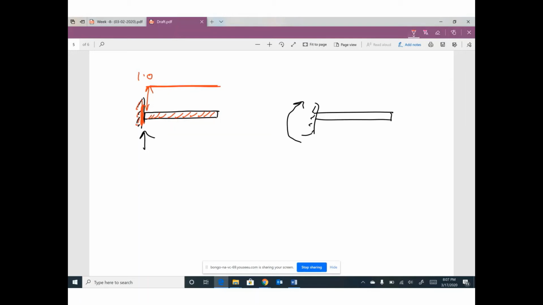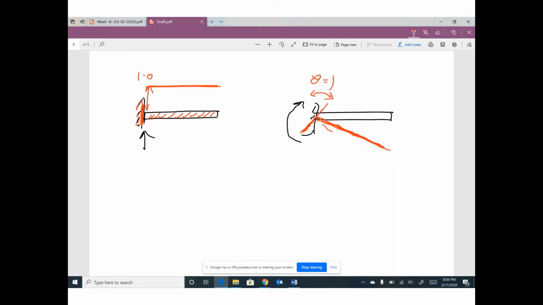If you rotated this fixed the same direction of the moment, like this with theta equal 1, the new shape of this beam will be like this. Keep in mind these two situations.